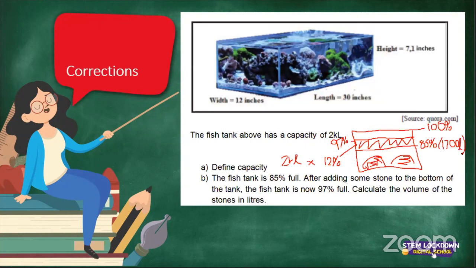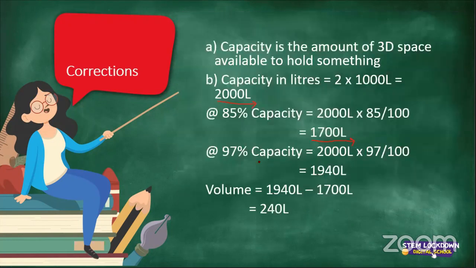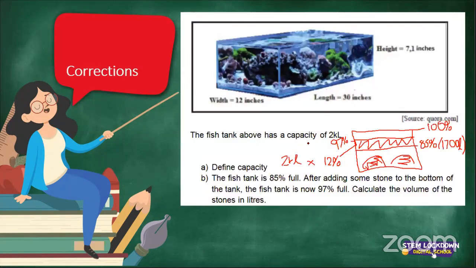And then you said, what is the volume at 97% capacity? At full capacity, which is 2000 times 97 divided by 100, and you got 1940, right? So at 97%, there, 1940 liters.